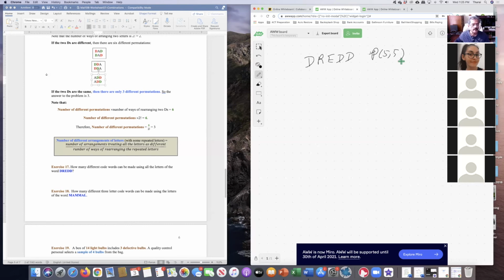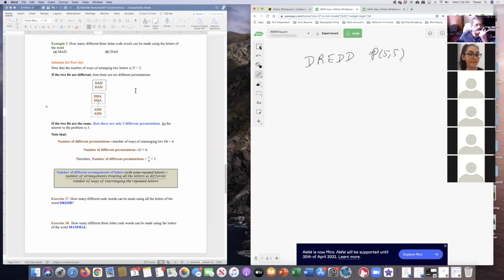That's why I explained in the previous question up here, we are rearranging the 3 letters of the word DAD, D-A-D. If you assume the 2 Ds are different letters, then there are 6, as you can see. That's why I'm using 2 different colors for the 2 Ds.